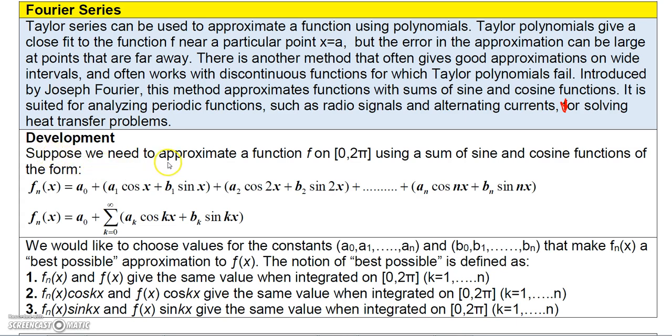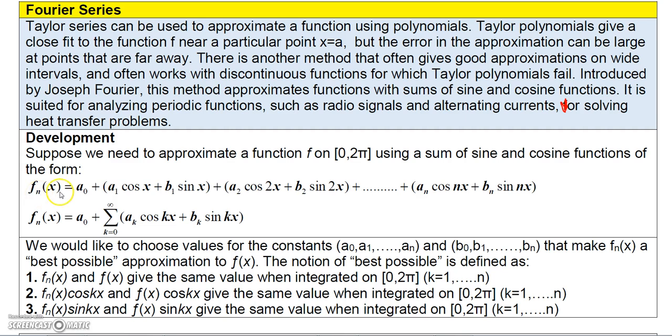So suppose we need to approximate a function f on the interval from 0 to 2π using a sum of sine and cosine functions of this form. We're going to call it fₙ because it's not really the function, it's just a function we're going to use.